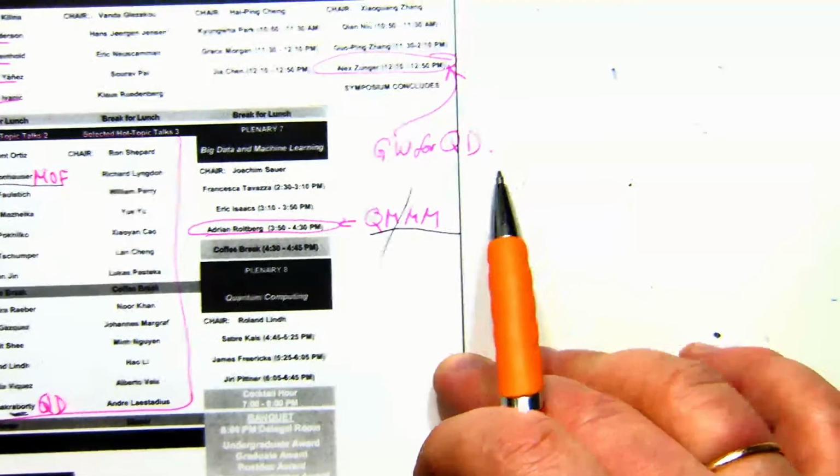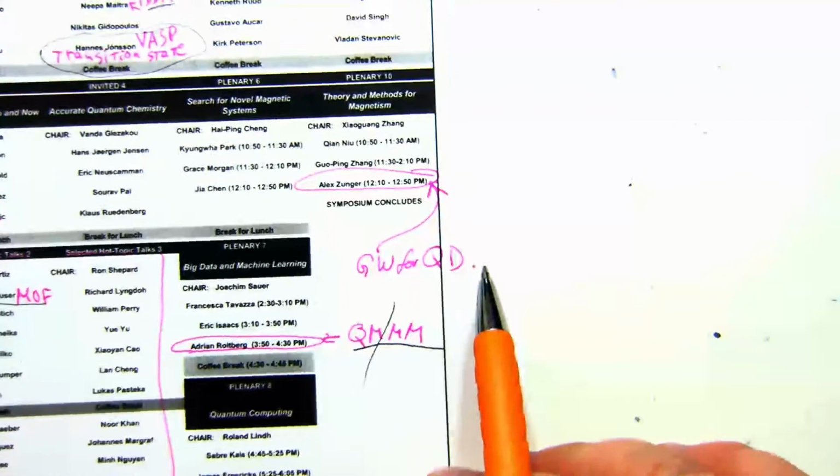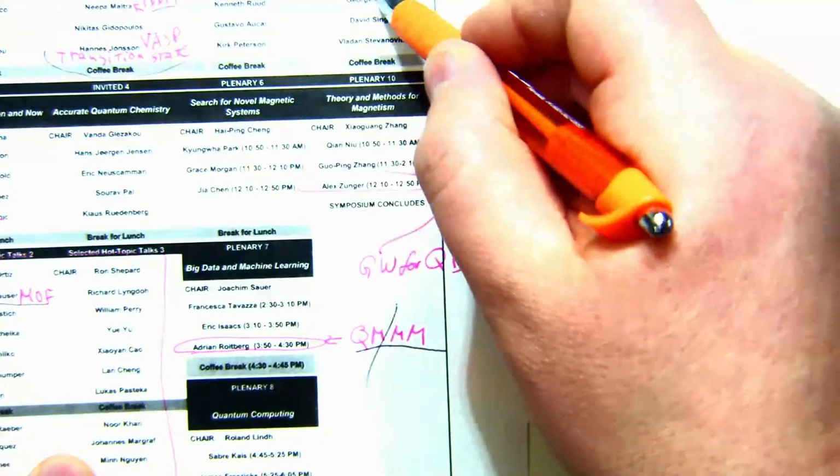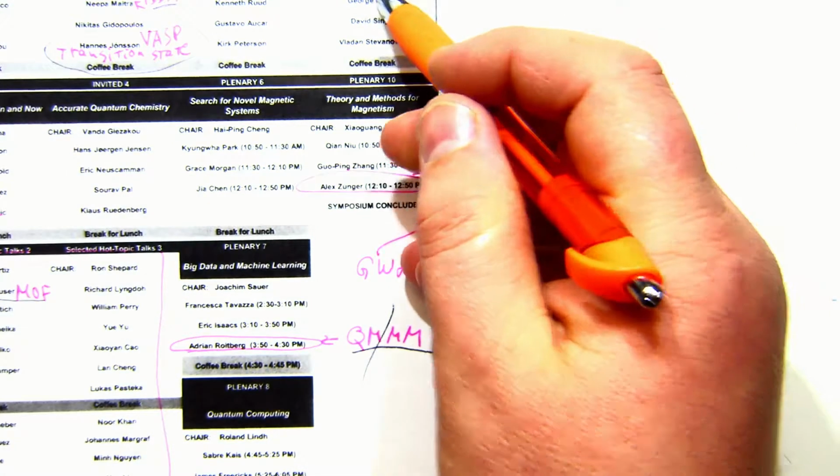On the last day, Hendrik Monkhorst, you have seen his name if you looked inside the KPOINTS file. He developed the procedure for how VASP treats K-points. But he's not speaking, he's only the chair, because he's like 78.